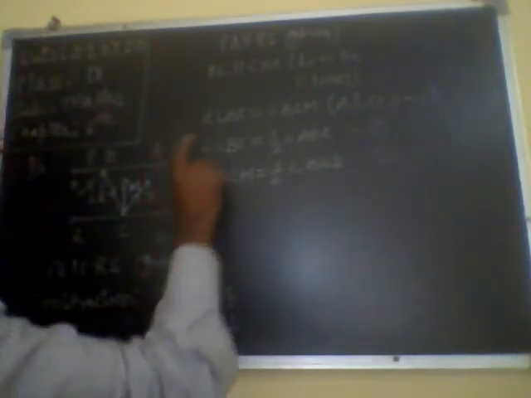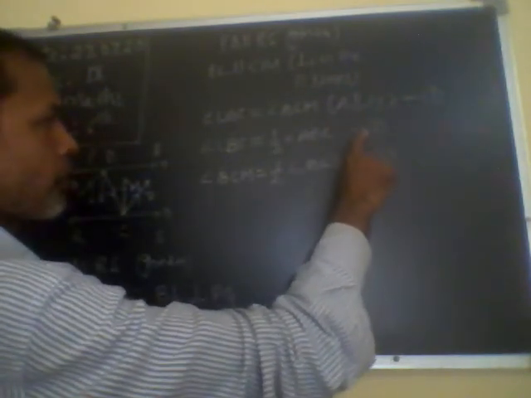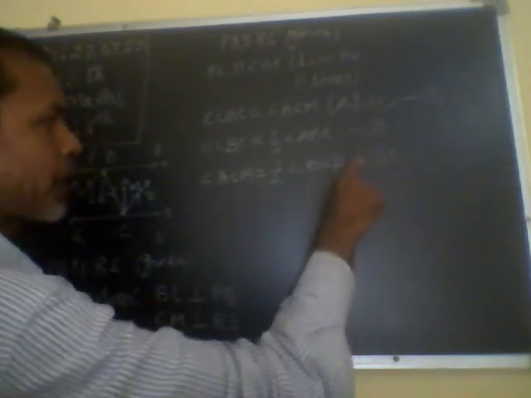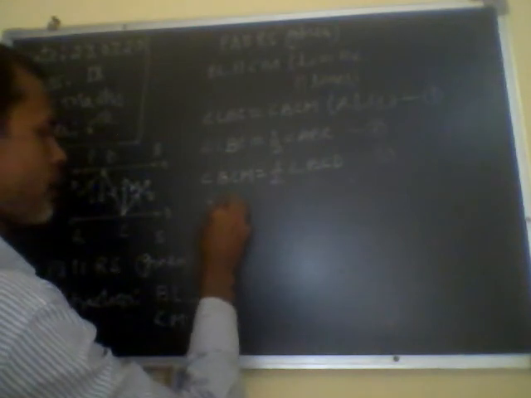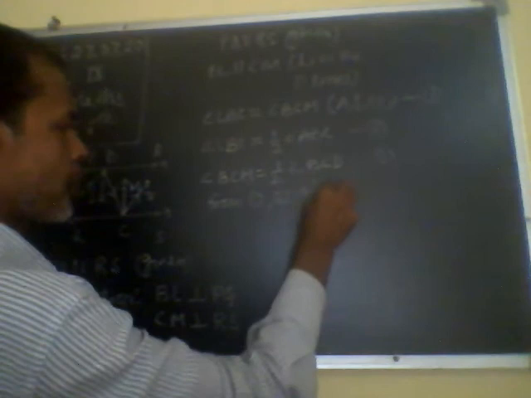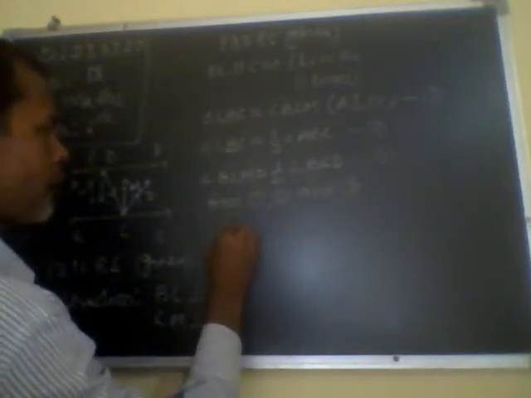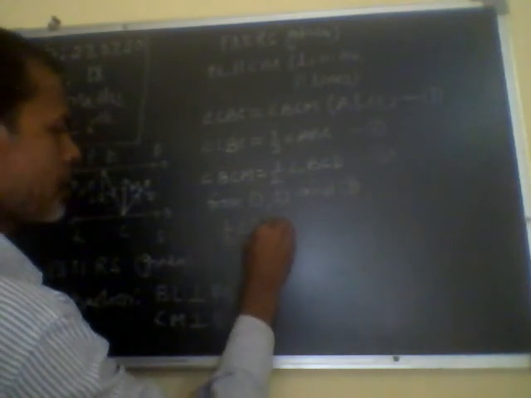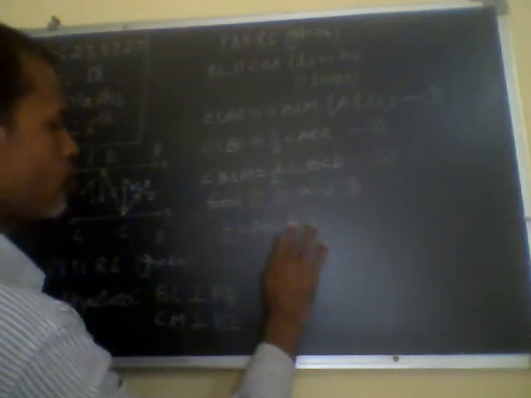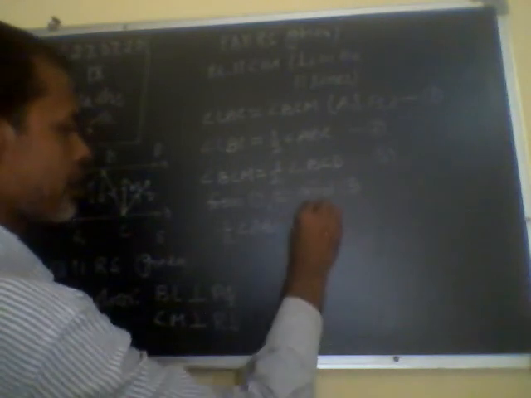Now in equation 1 substitute the values of angle LBC and angle BCM from 2 and 3. So from 1, 2 and 3, LBC means half of ABC equals BCM, but BCM is half of BCD.